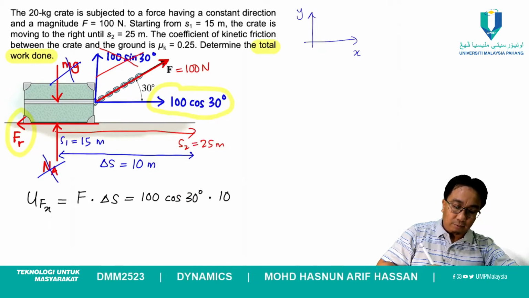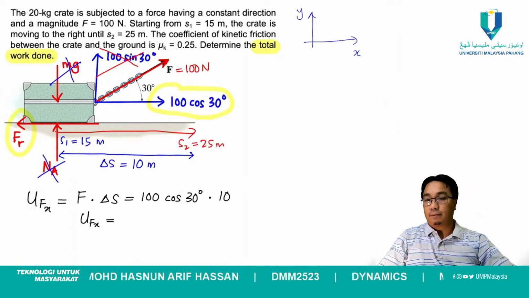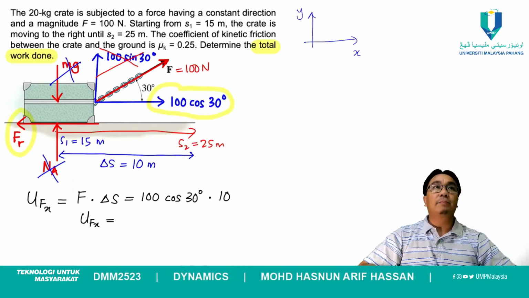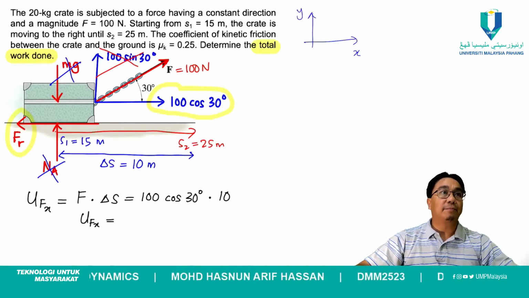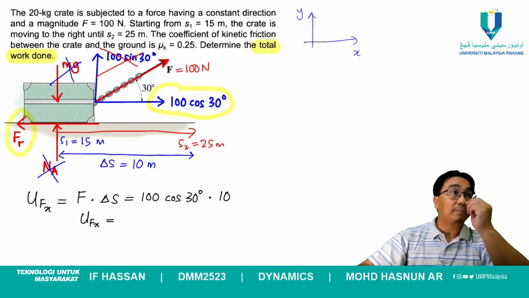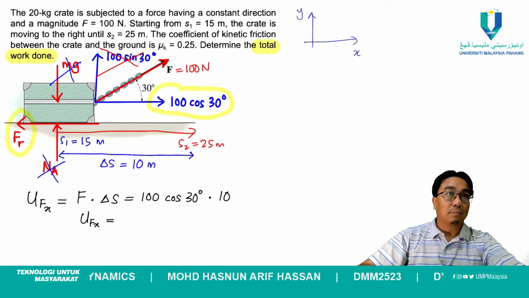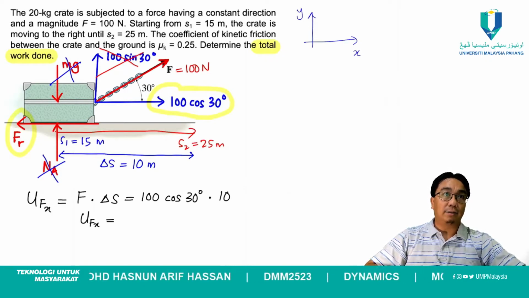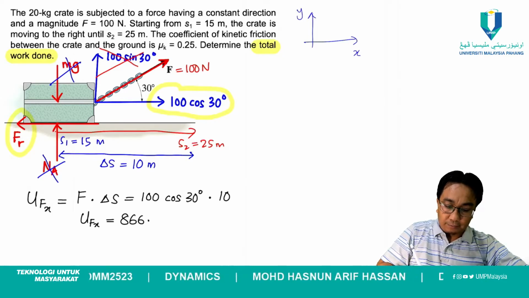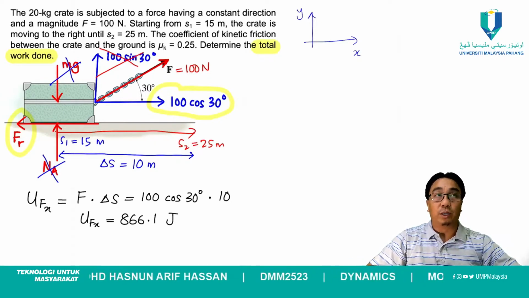So basically UFx is equal to, let me calculate, I don't have my calculator. Once I calculate, 100 cos 30 is 866.03, so 866.1 joule. Okay, this is one work.